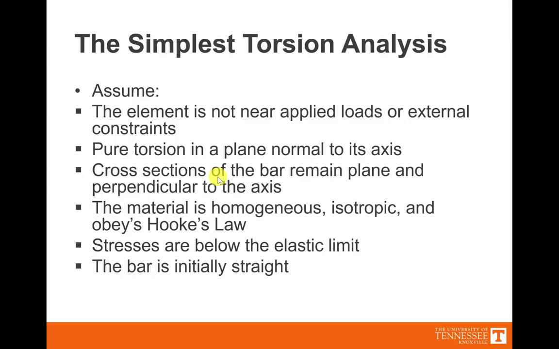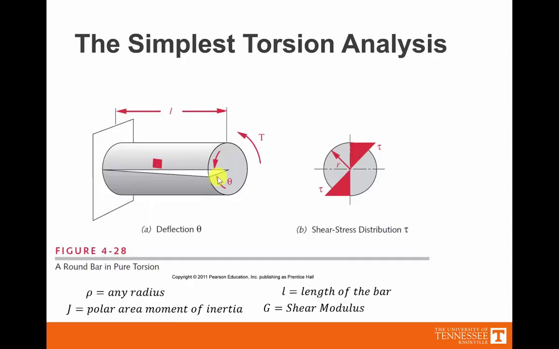So if we can make all of those assumptions, granted not very many of them are trivial assumptions to make, but if we can make all of them, and also that the uniform circular area, the cross-sectional area, is uniform as you move across that bar, then we can do a real simple torsion analysis, and we say we apply some torque, it produces some theta at a length L away from a cantilevered beam.